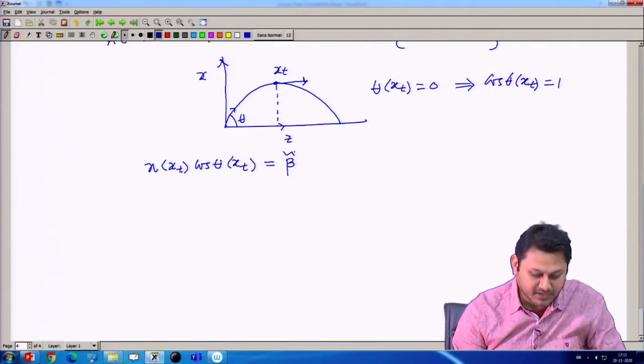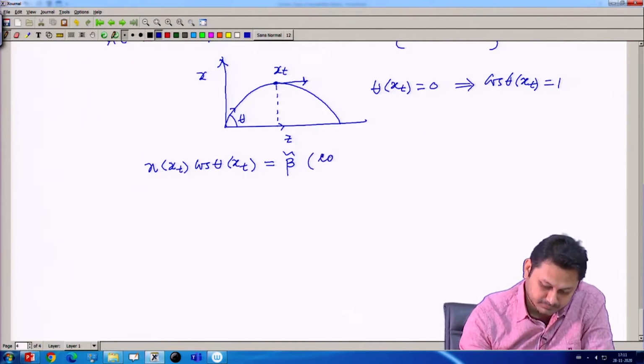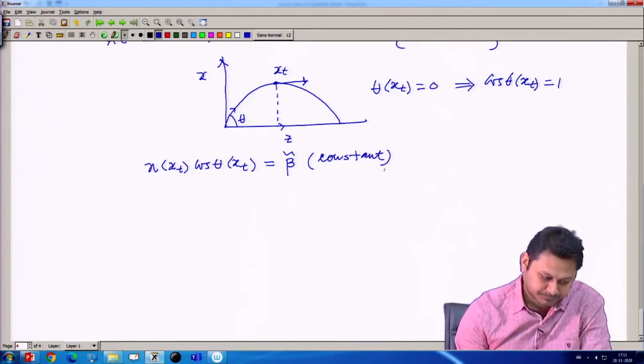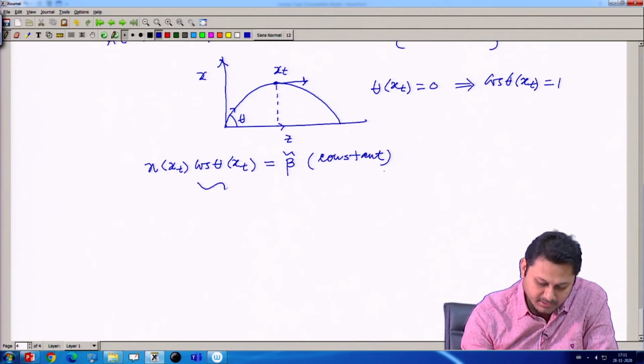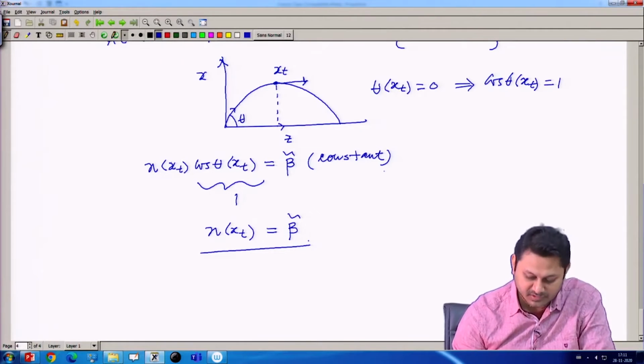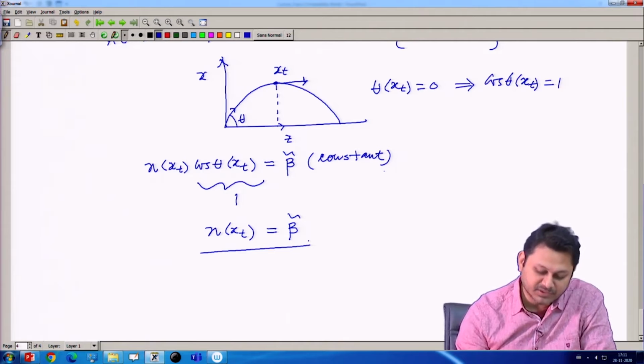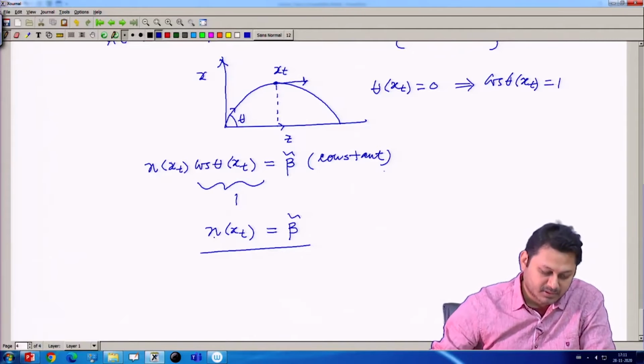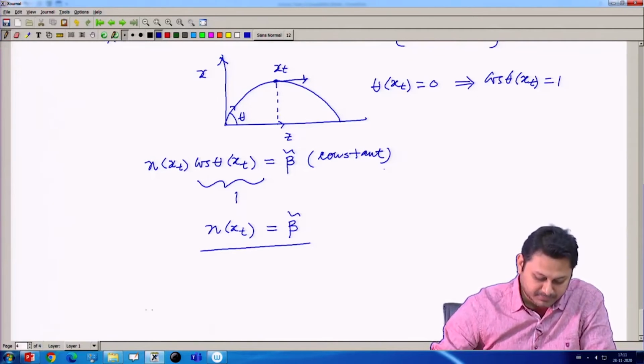So this equation should be valid. Now, cos theta at the transit point is 1, so at the transit point we have a special relation between the refractive index and the ray path constant: the refractive index at the transit point is equal to the value of beta tilde.